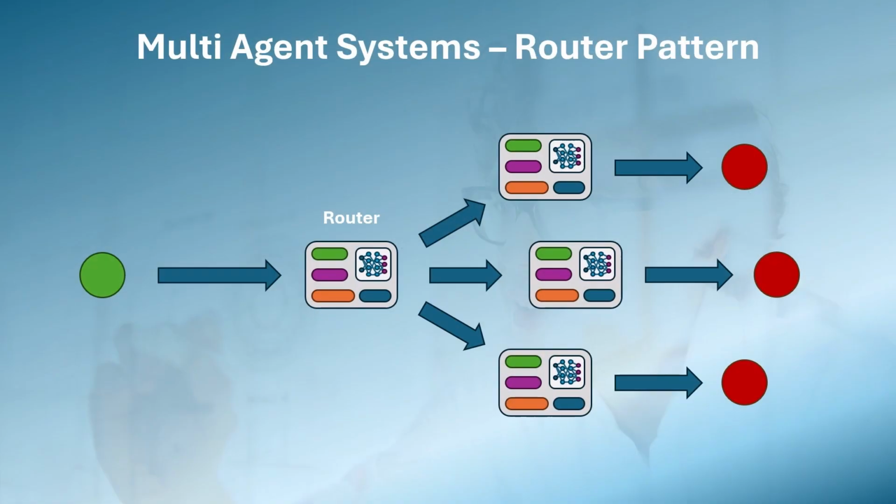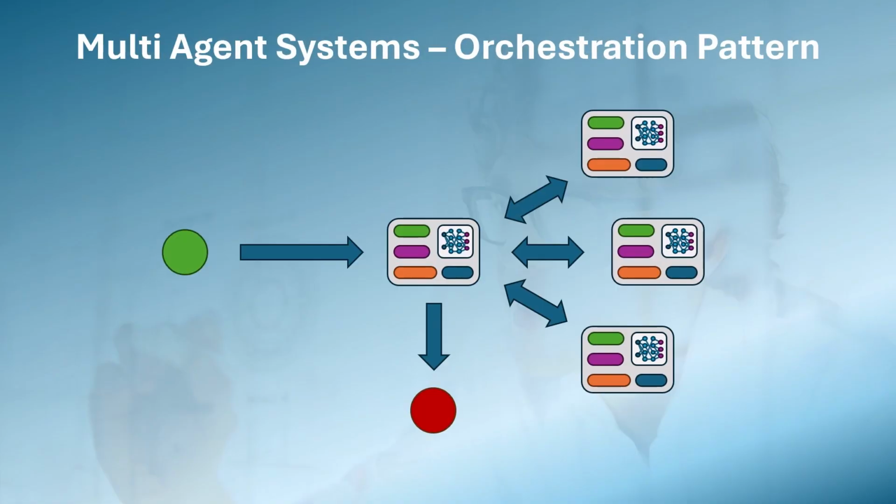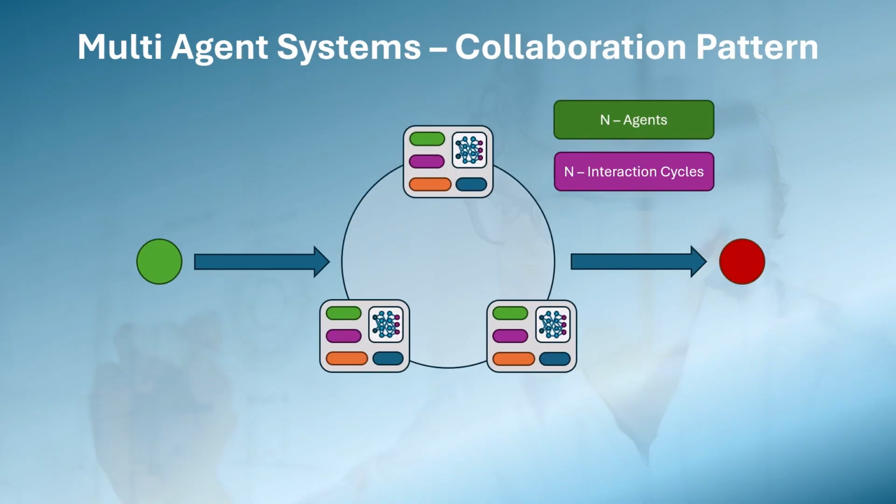Are we going to use a router pattern, for example, an orchestration pattern, a collaboration? So these were the ones that I talked about in previous videos. How can different agents talk with each other? And this is a multi-agent system, in this case a multi-AI agent system, and it's very different from intra-agents.